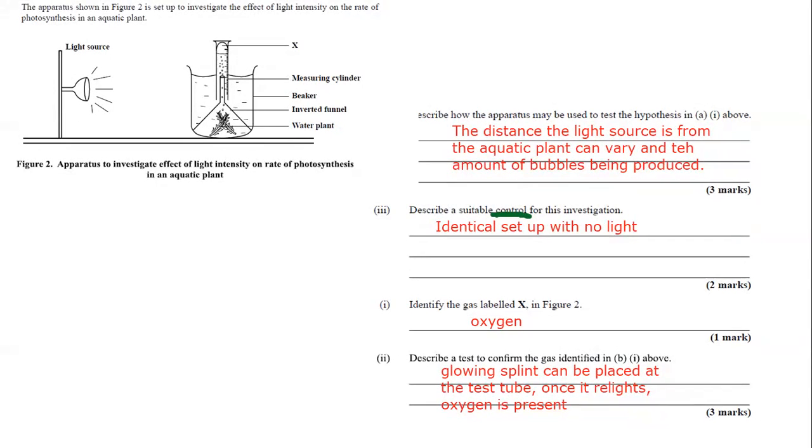The rate of photosynthesis to increase. So what we're aiming to do is manipulate the distance that the light source is from the plant, and then look at the rate of photosynthesis, which is how many bubbles are produced as it photosynthesizes.